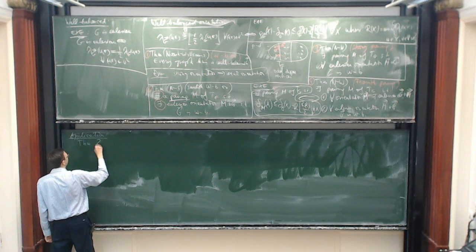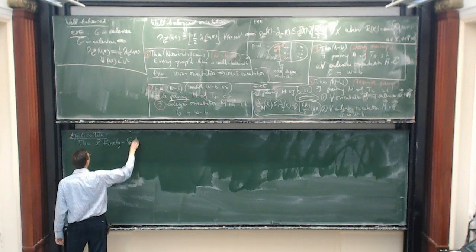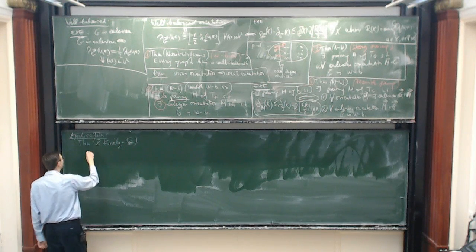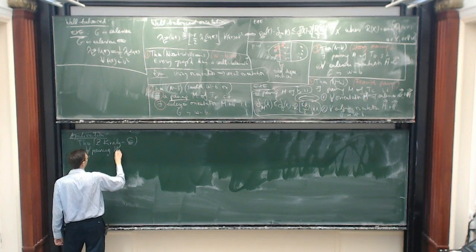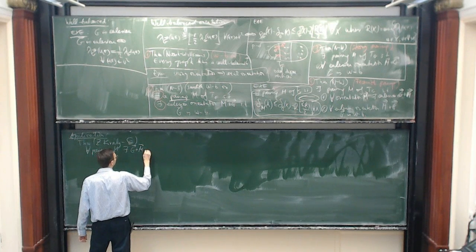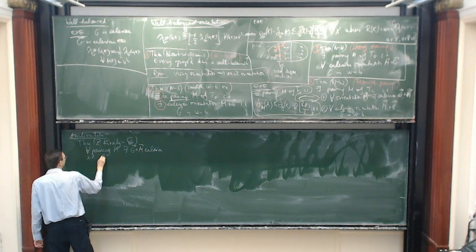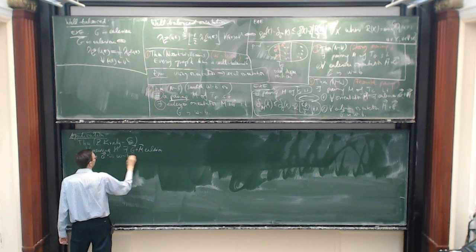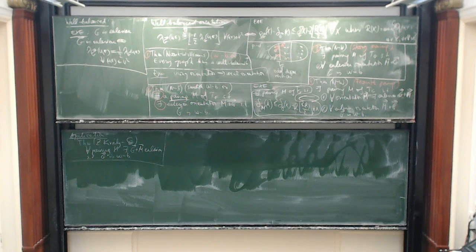Theorem of Zoltán and myself: for every pairing, there exists an Eulerian orientation such that G is well balanced.